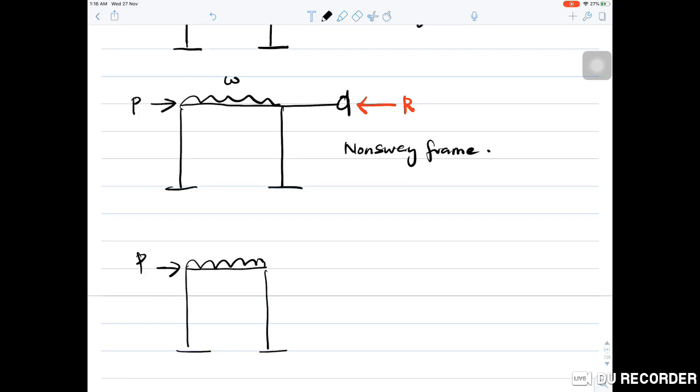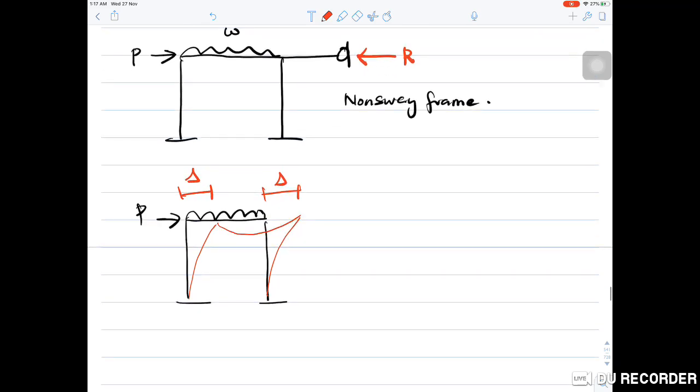If we want to make this properly restrained, because this frame tends to sway like this, okay, this is delta.